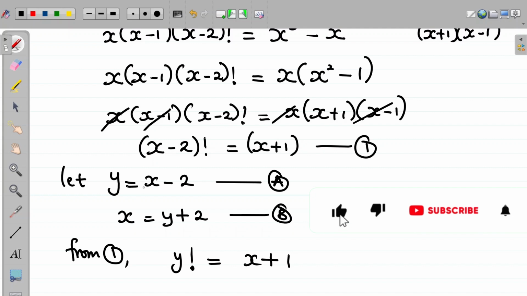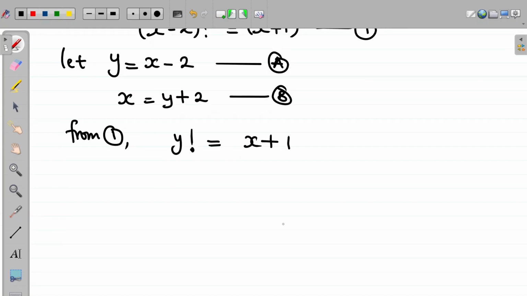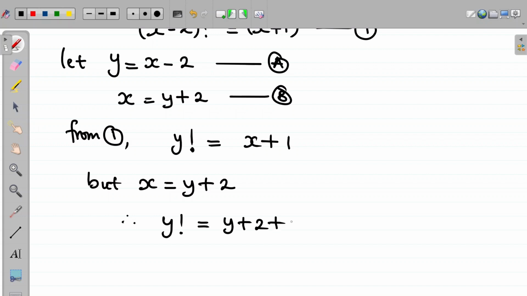Note that y is equal to x minus 2, so therefore y factorial is equal to x plus 1. But we said that x is equal to y plus 2. So therefore, y factorial is equal to y plus 2 plus 1. Y factorial is equal to y plus 3.